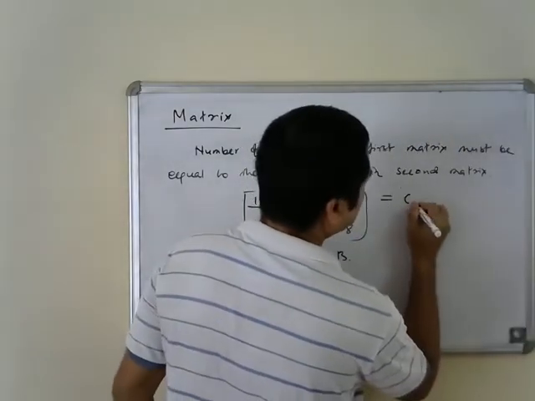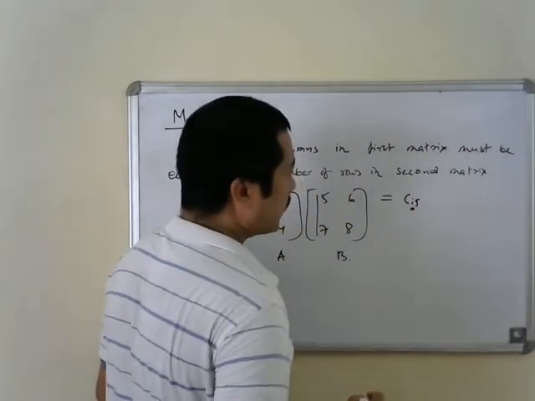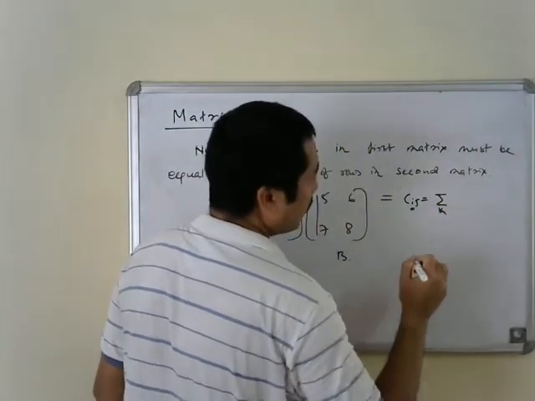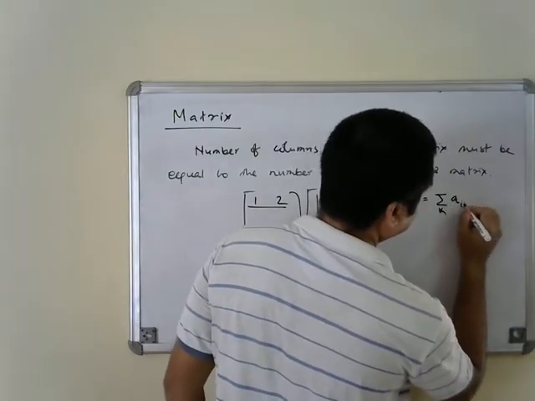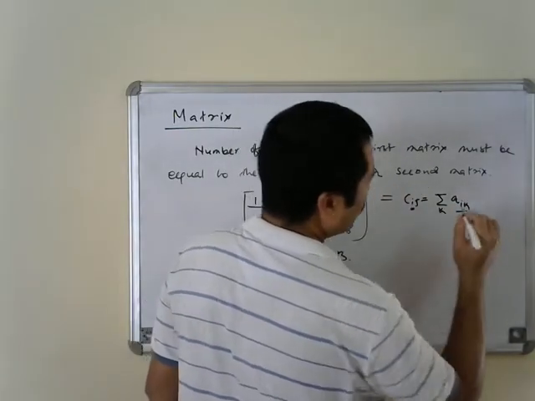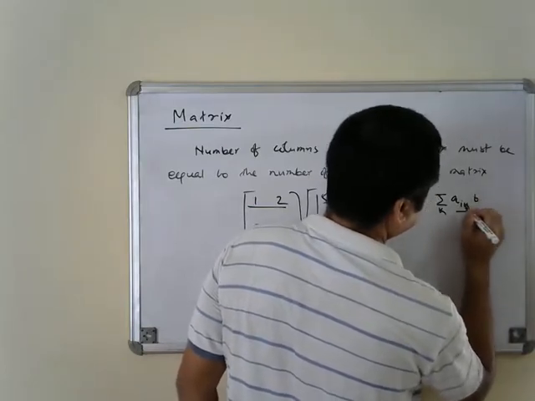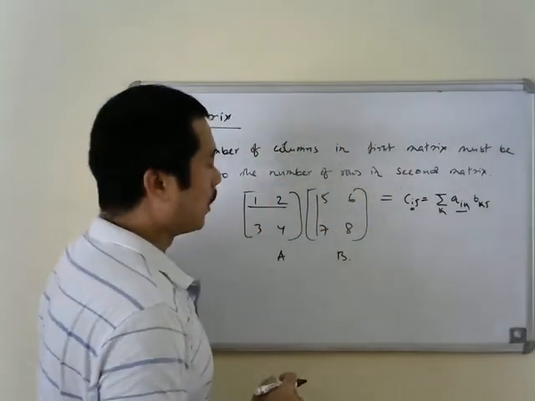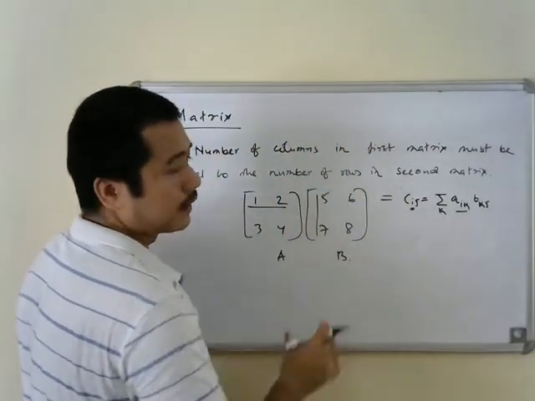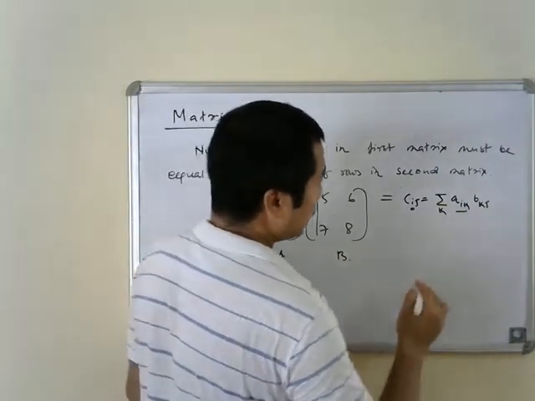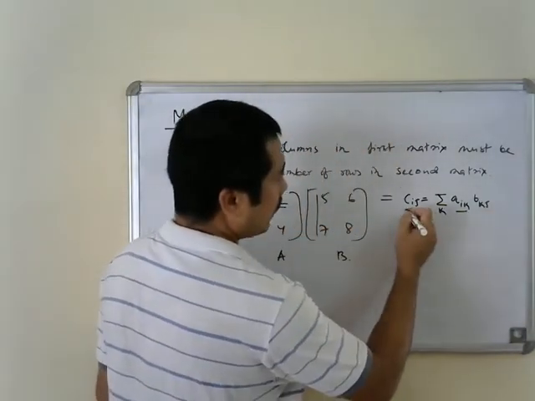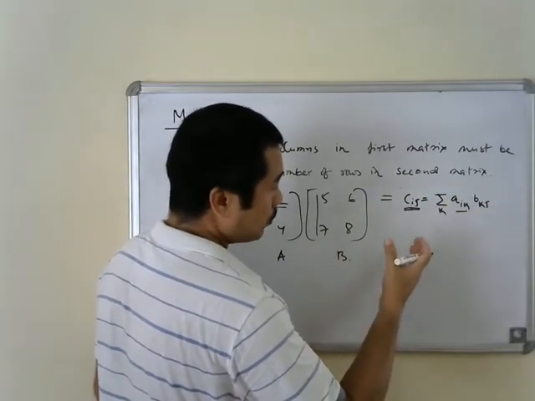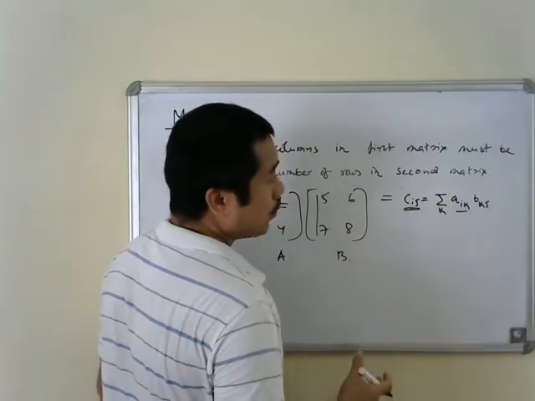Cij, the element in the ith row and the jth column, will be given by the summation of the products of the elements in the ith row of the first matrix and the jth column of the second matrix, and that will give us the resulting elements within the resulting matrix.